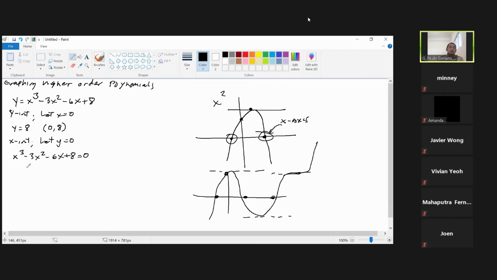I hope that the rest can follow. As I said to you before, never forget your past lessons because you will be using them over and over again. Using synthetic division, we will now have 1, negative 3, negative 6, and 8, and factors.